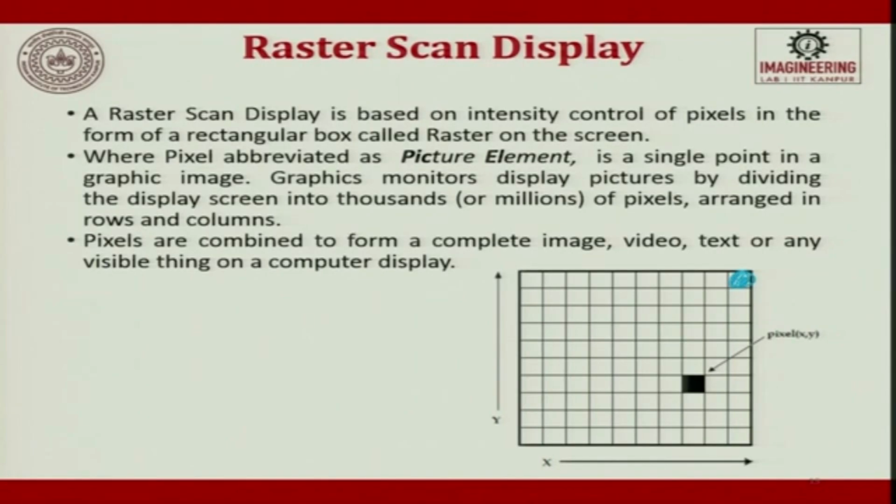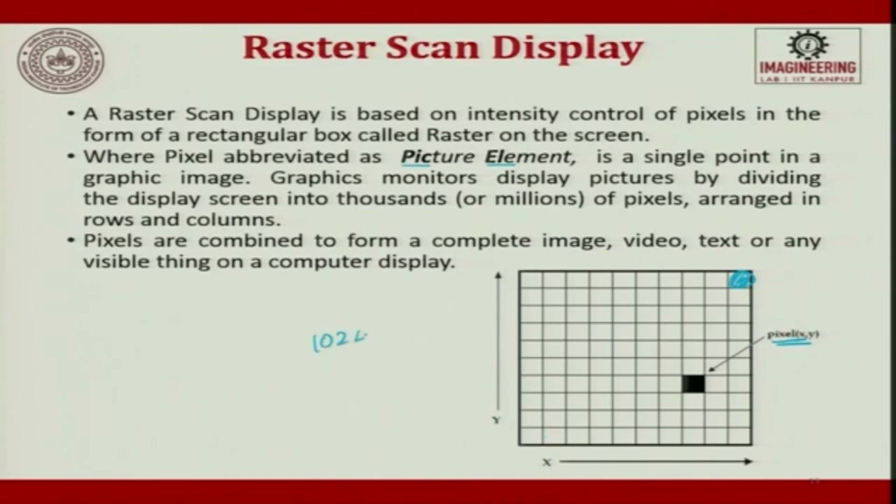A raster scan display is based on intensity control of pixels in the form of a rectangular box called a raster on the screen. Pixel abbreviates picture element. A pixel is a single point in a graphic image. The graphics monitor displays a picture by dividing the display screen into several thousands of pixels.